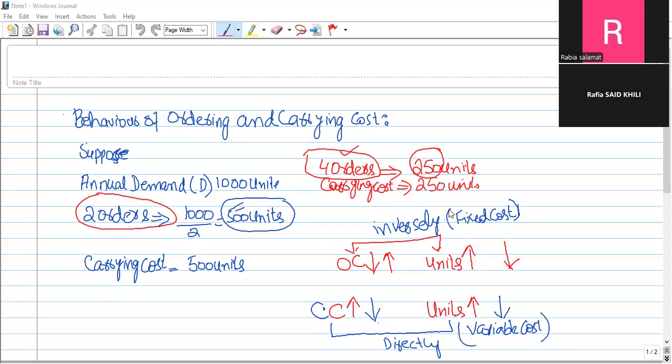For the purpose of knowledge, I am telling you we can't classify it as 100% fixed or 100% variable. Keep in mind, we conclude that carrying cost and units are directly proportional. Units and ordering cost are inversely proportional. Both move in opposite directions: units increase, cost decreases; units decrease, cost increases.